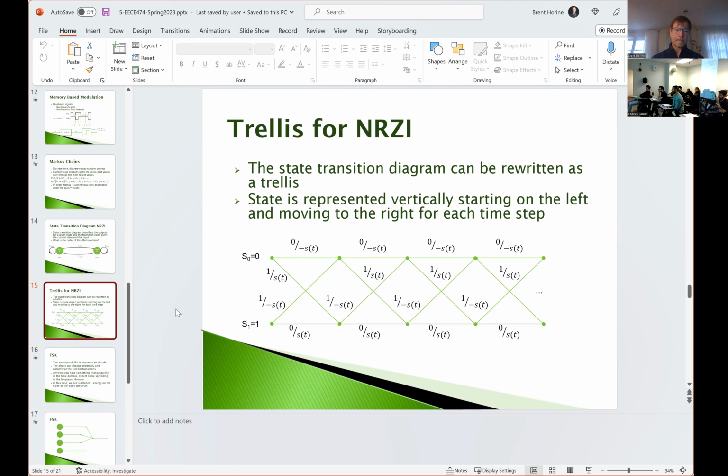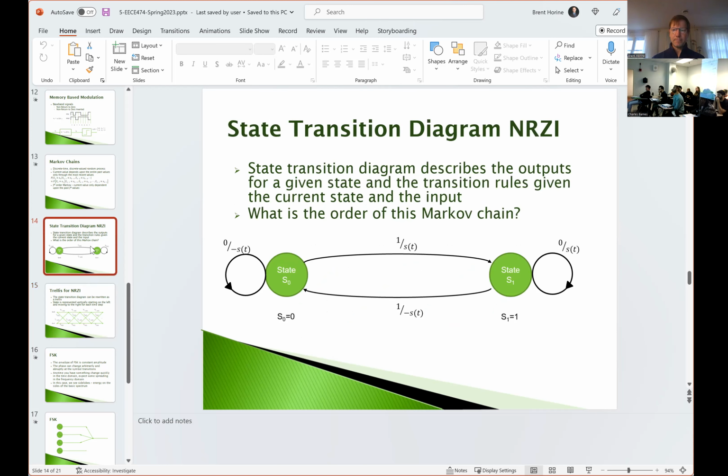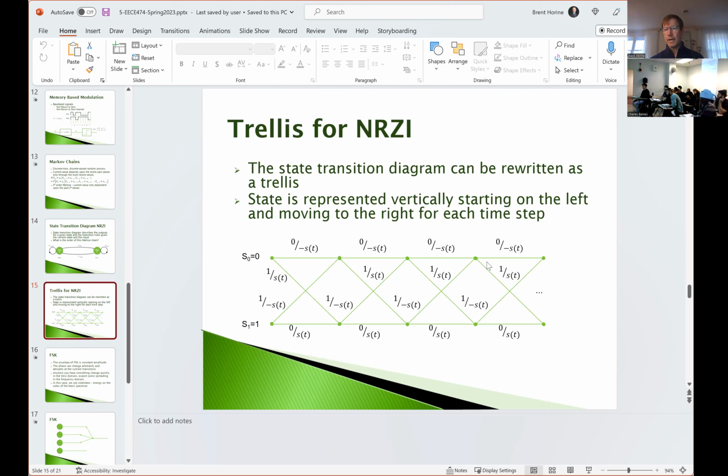So it's the same type of information, except this doesn't really account well for the time aspect. It shows you one transition event, whereas this trellis can show how things evolve over time. And you might end up being interested in seeing how the symbols evolve over time. Okay.